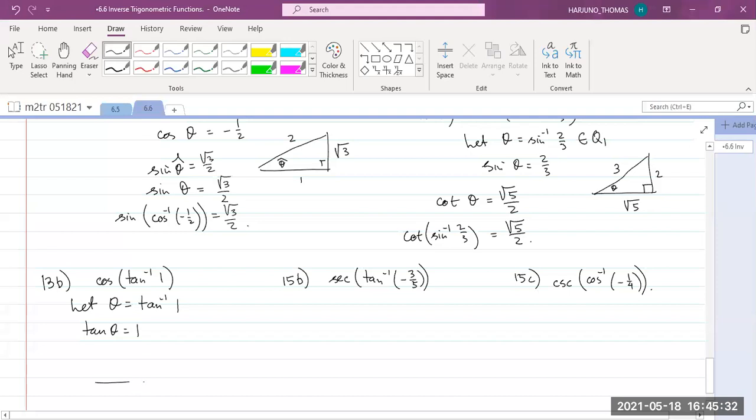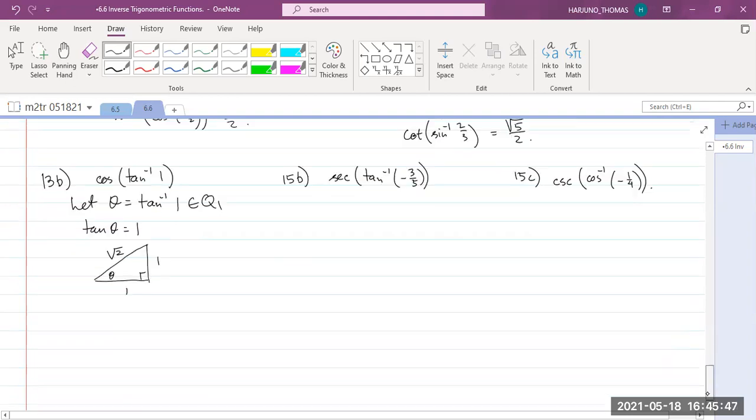So tangent theta equals 1. That's in quadrant 1, so I can go ahead with that right triangle. That's 1 over 1, and this is square root of 2. Now the cosine of that theta is 1 over radical 2. So to be more explicit, cosine of tangent inverse of 1 is 1 over radical 2 or radical 2 over 2.